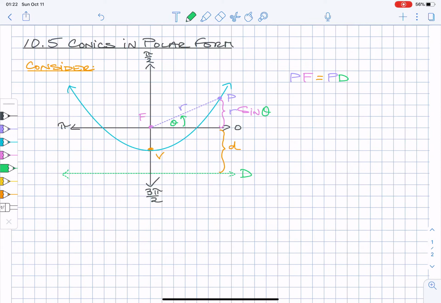So this would imply that, for a parabola, if I divided both sides by the distance from P to D, I would have to get 1, right?